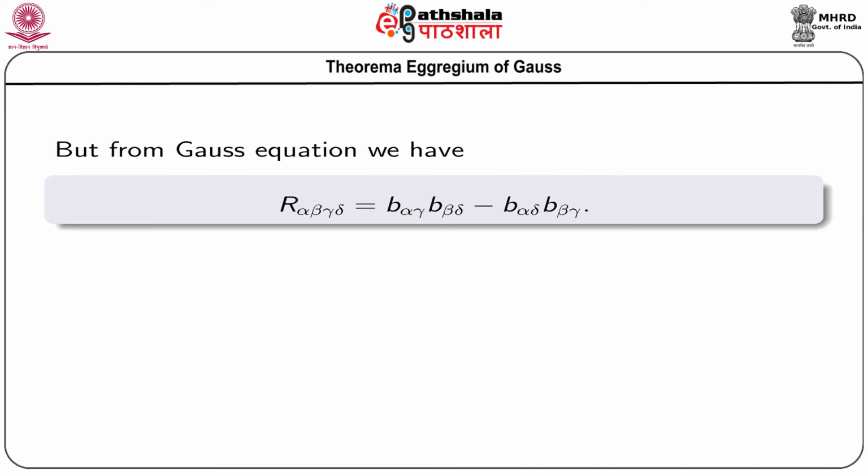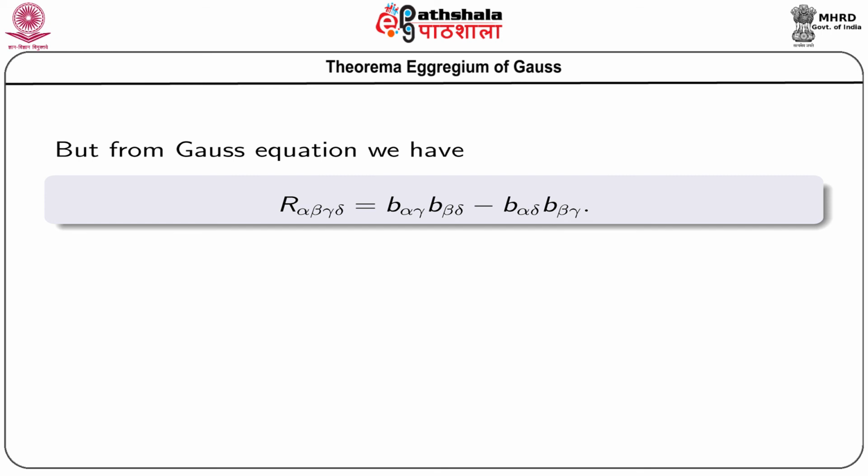And also from Gauss equation we have this relation R alpha beta gamma delta equals to B alpha gamma B beta delta minus B alpha delta B beta gamma.